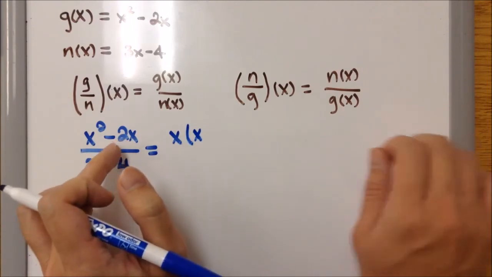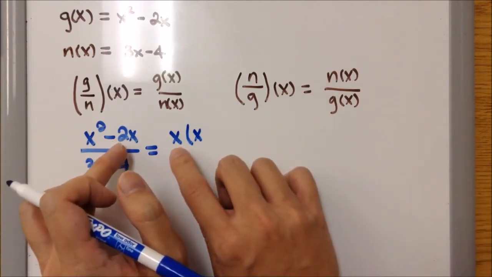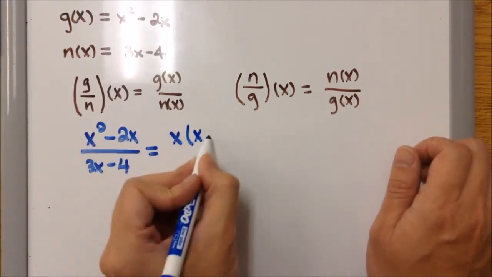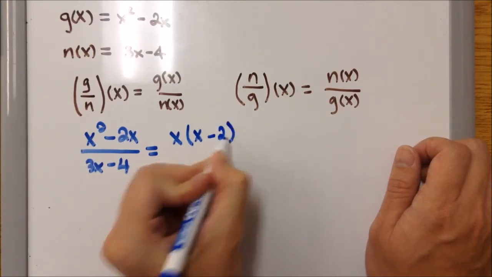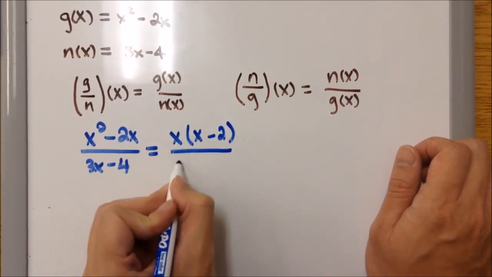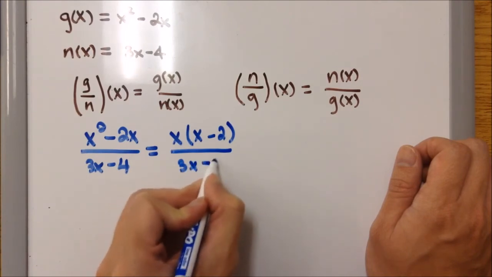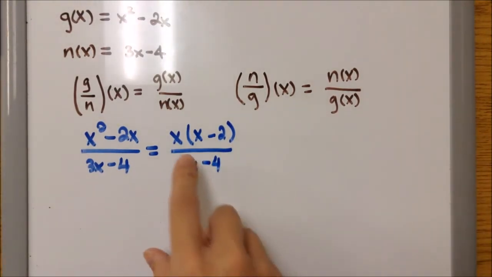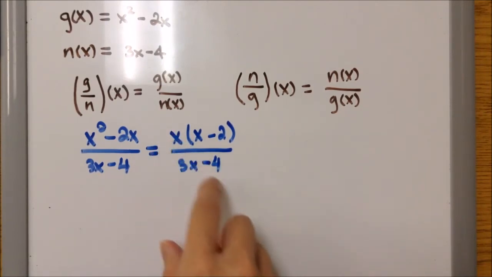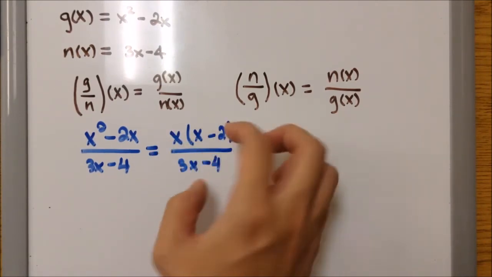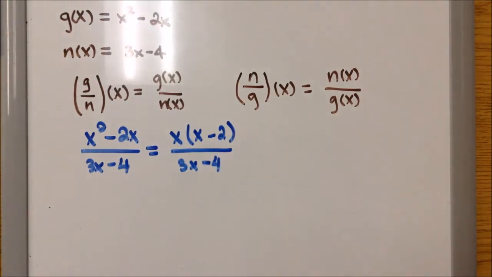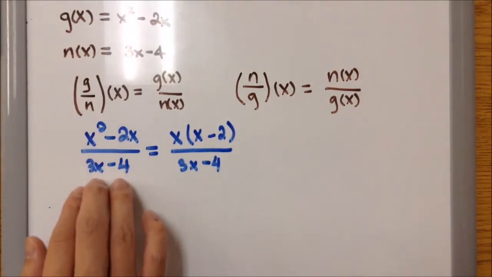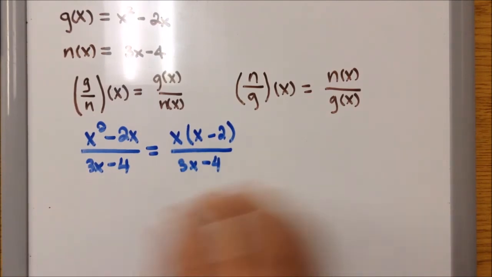And then minus 2x divided by x will just be minus 2, over 3x minus 4. Now, I cannot cross out common terms. I cannot divide because they're not the same. So that means that I can't really do anything there. So I'm stuck with this, which is a good thing.